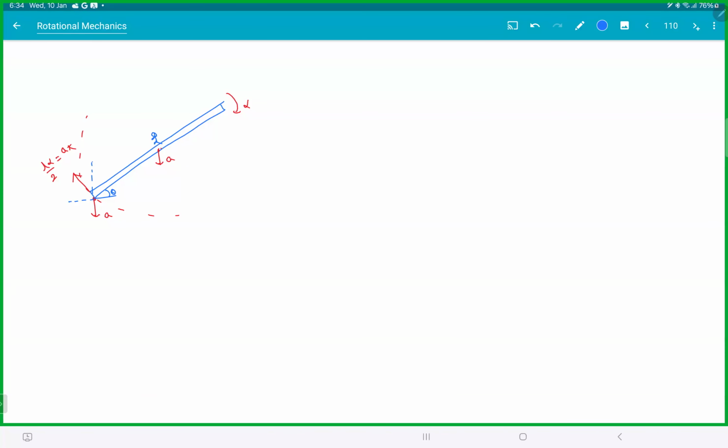That would be how much? 90 minus theta. This is theta. So if you look at point A, its acceleration will be L alpha by 2 cos theta, L alpha by 2 sine theta, and the acceleration of the center of mass.